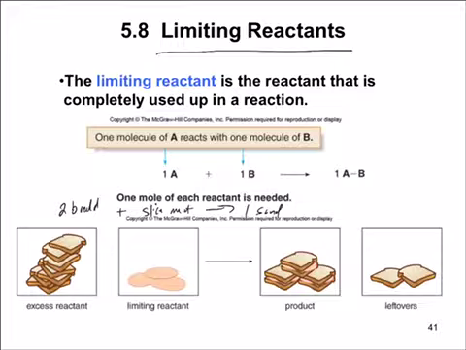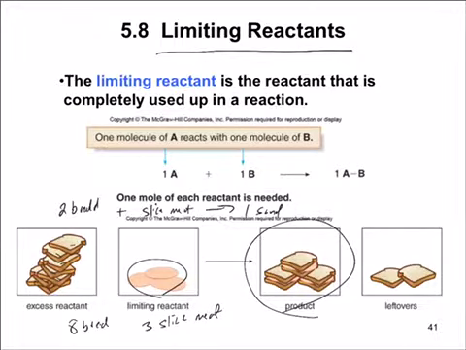So how many sandwiches can I make if I've got 8 slices of bread and 3 slices of meat? How many of my product can I actually make? Well, I can only make 3 sandwiches because my meat gets used up first. That is what we would call the limiting reactant. It is the substance that is used up first in a reaction. The bread would have leftovers. That is what we would call the excess reactant, the reactant in excess.